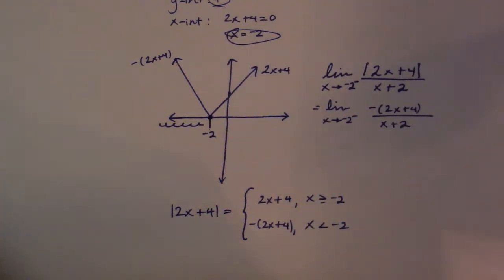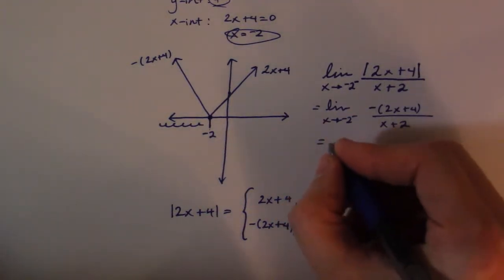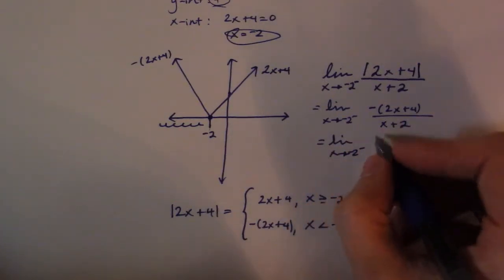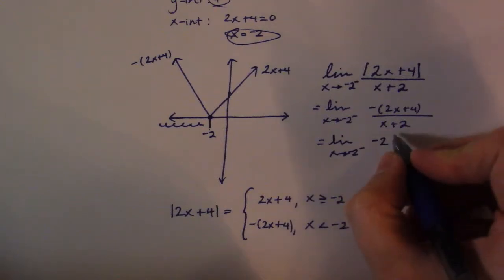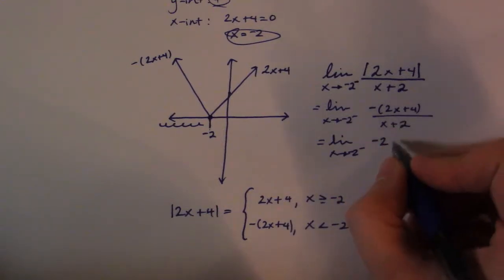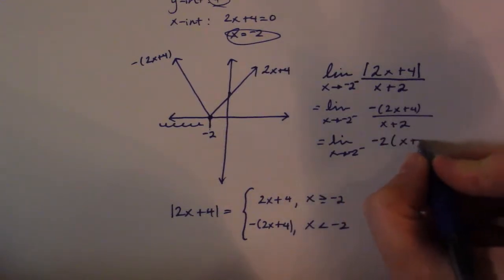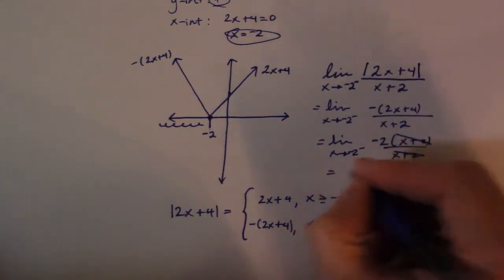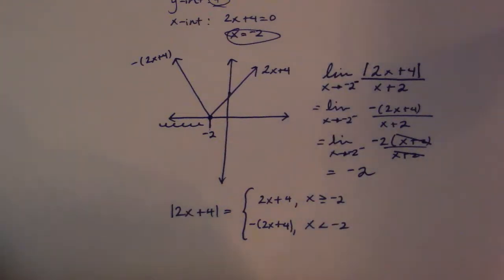Then I can go ahead and do my limit. I can factor this guy: I have a -2 on the outside, and taking a 2 out, I'm left with x plus 2 all over x plus 2. So I can cancel that, and then I have negative 2.